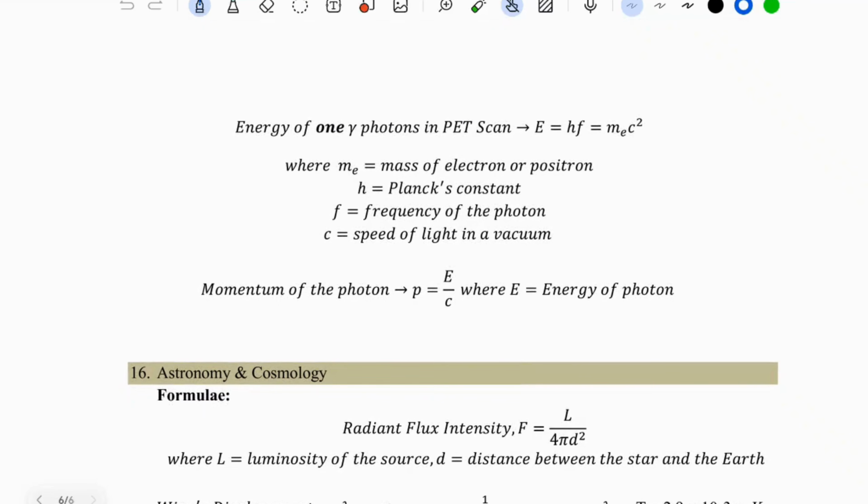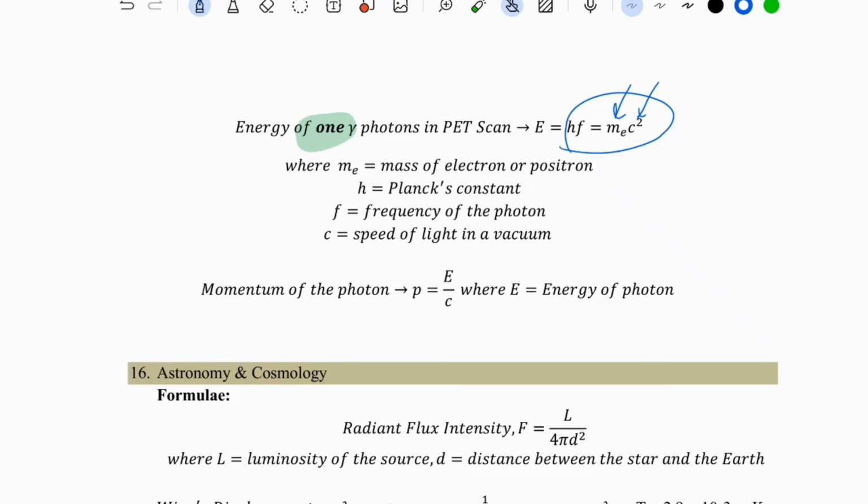Now, next one, we have energy of 1 gamma photon in PET scan. There's a reason why I bolded 1. If they ask for the energy of 1 gamma photon, you use this formula, where energy is equal to hf, which is learned in quantum physics, or mass of electron multiplied by c squared, where c is the speed of light in a vacuum.